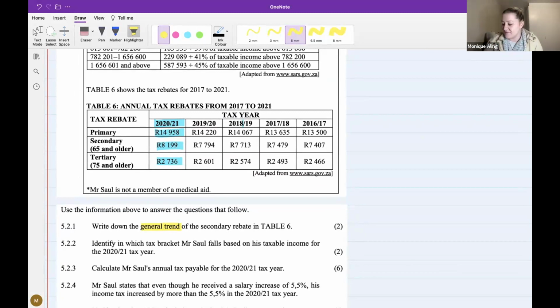And we are specifically looking at secondary rebates. So we are looking at this row over here. Tell me what the trend is over the years. Okay. So from 2016 up until 2021, what has happened? What trend do we see?